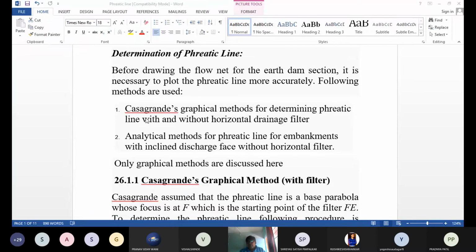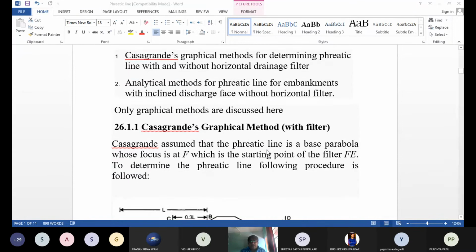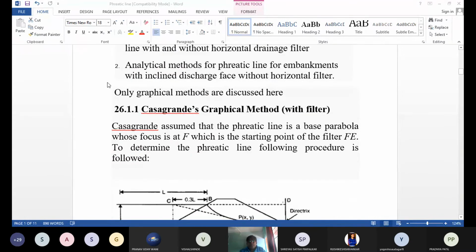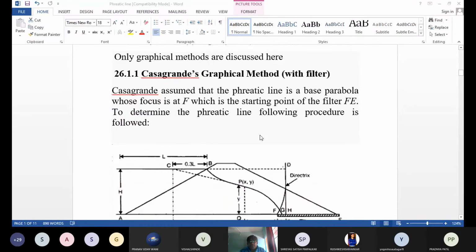An analytical method can also be utilized for locating the phreatic line with and without the horizontal filter. So we are considering these two cases, with and without a horizontal drainage filter. An analytical method for the phreatic line for an embankment can also be utilized. So let us see the graphical method, that is, with filter.